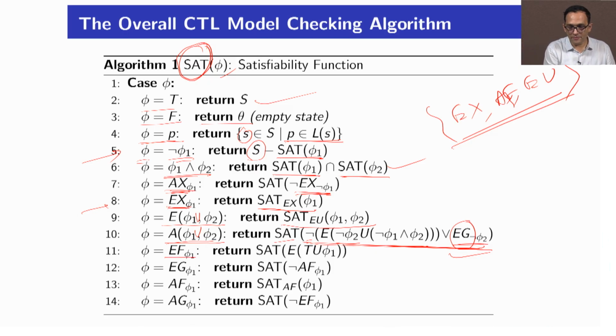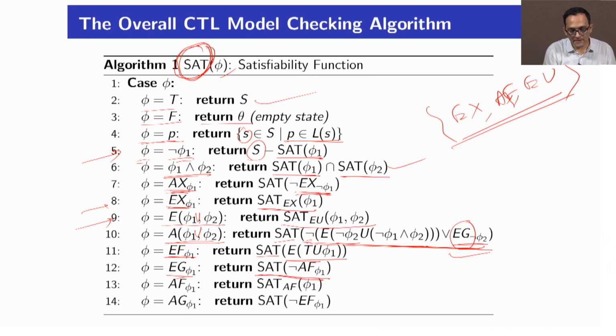EF phi, I can write in terms of EU, true until phi 1. So, I will call this sat function again for this, and then it will come back to the E until cases. For EG, I am calling with AF phi, but I will develop an algorithm for EG subsequently.